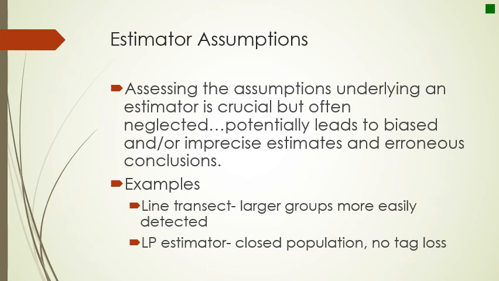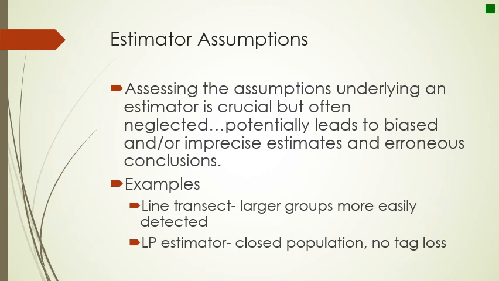So, examples of estimator assumptions with line transect sampling. The assumption is that all individuals in the population have the same probability of being detected. However, we know that maybe larger groups are more easily detected than individuals. Say if you're doing line transect sampling for ungulates across a grassland, for instance.